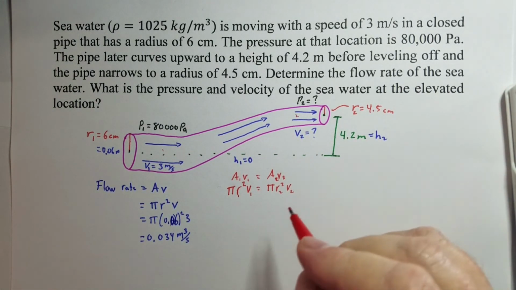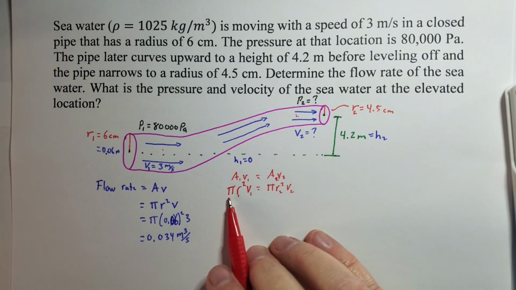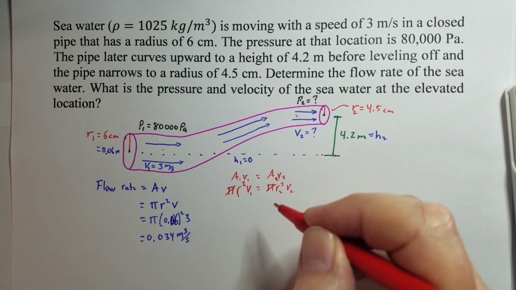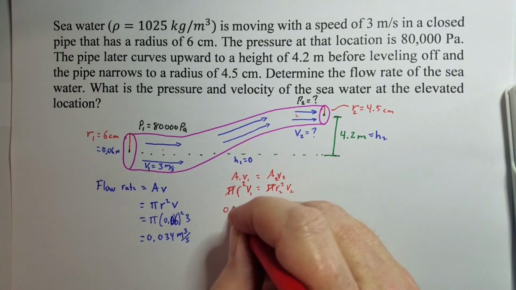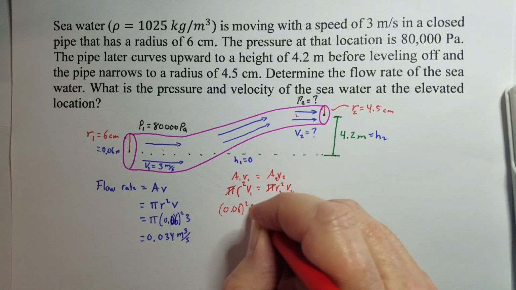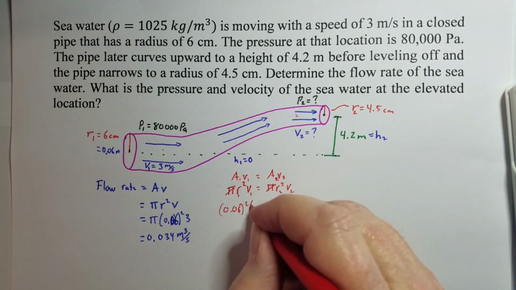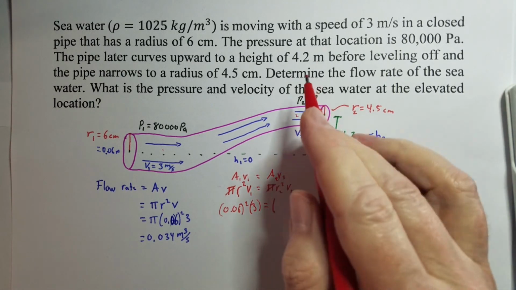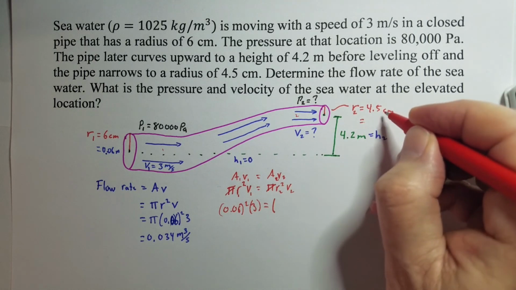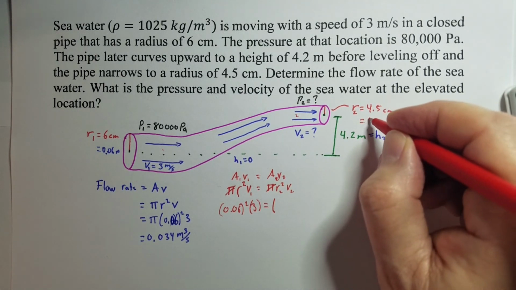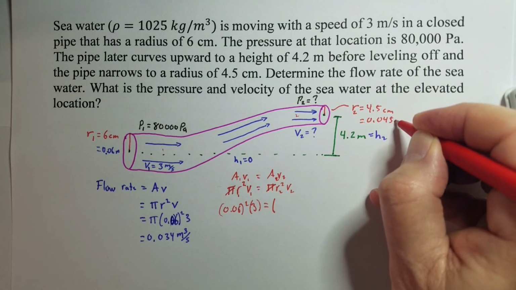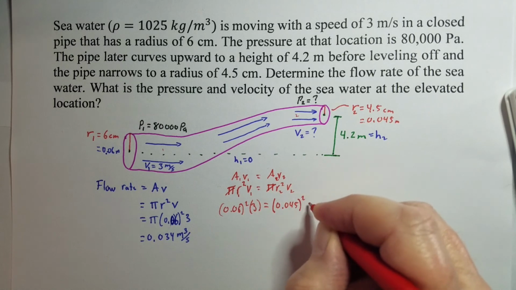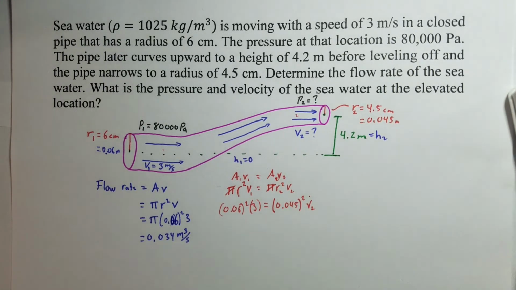All right, now here's the neat thing. If you start solving it algebraically like I did, something nice happens. The pi's cancel out, so you don't have to fool with them. And so we have 0.06 squared times the speed of the water in that lower section equals, now on the upper section, it's down to 4.5 centimeters, so that's 0.045 meters, 0.045 squared times our speed in the upper section.